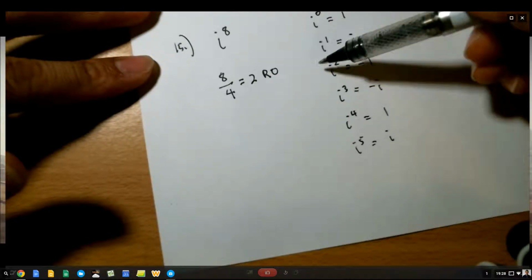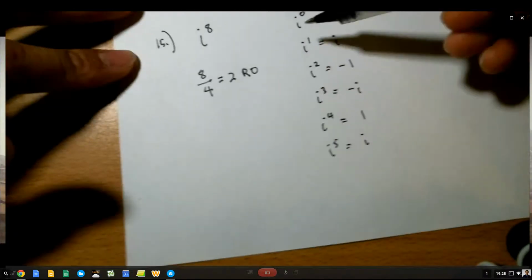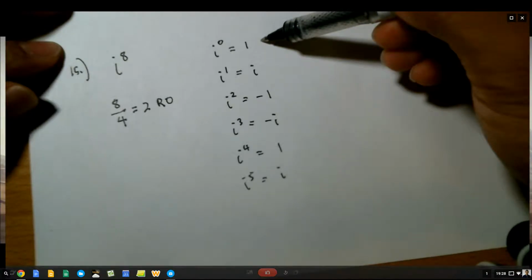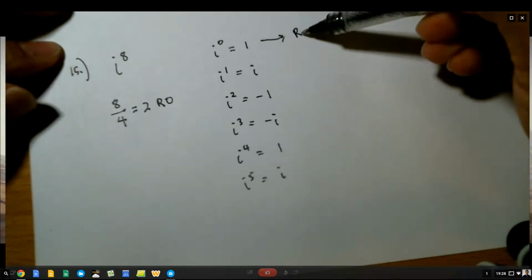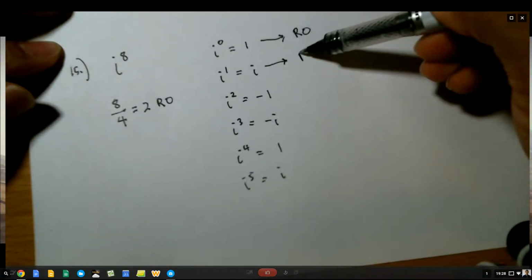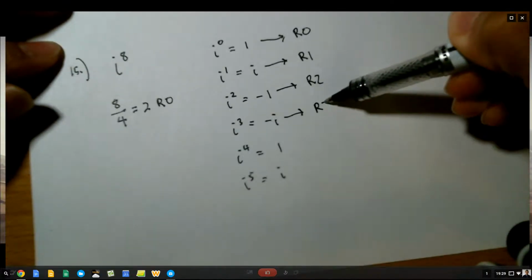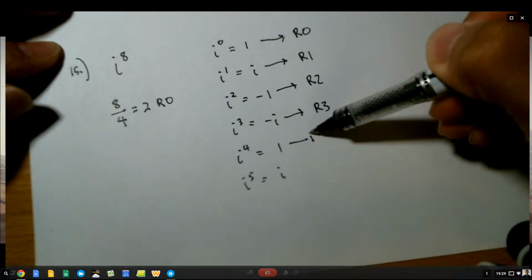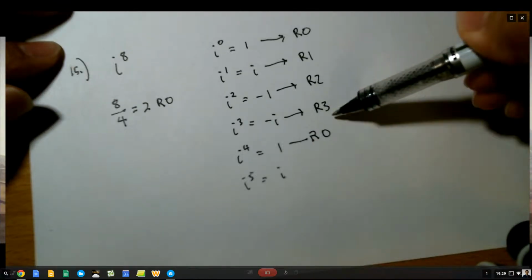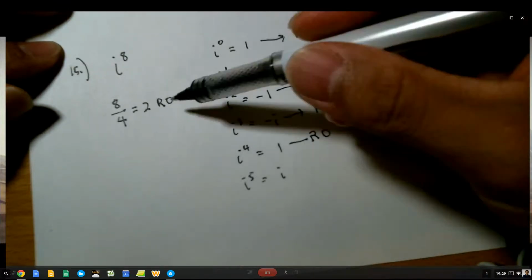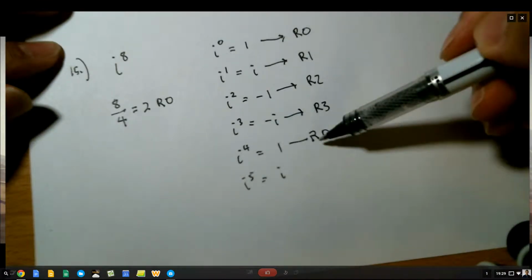There's no remainder. So if there is no remainder, remember what we said? This is equivalent to remainder 0, remainder 1, remainder 2, remainder 3, and back to remainder 0. Because if it's remainder 4, it's divisible by 4 again. So it'll be remainder 0 here.